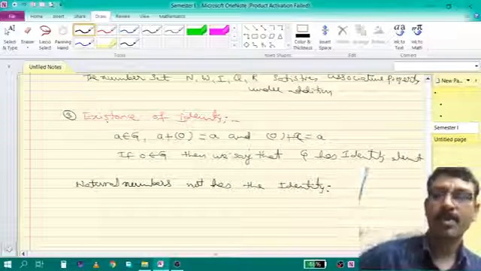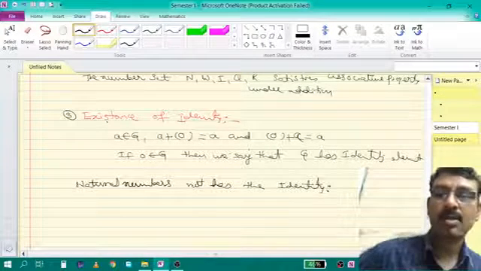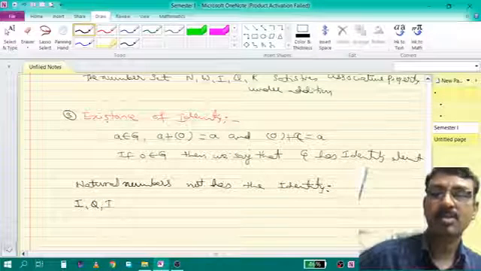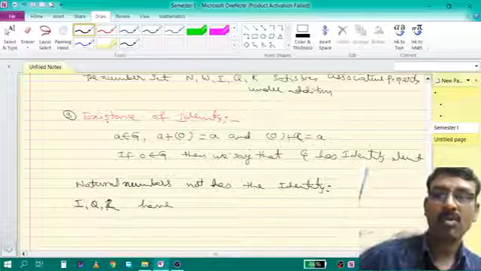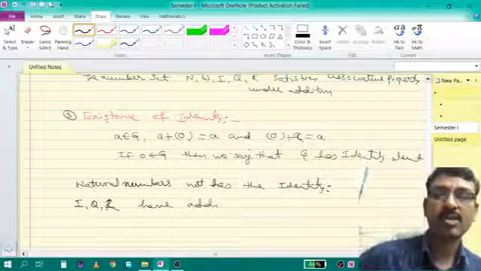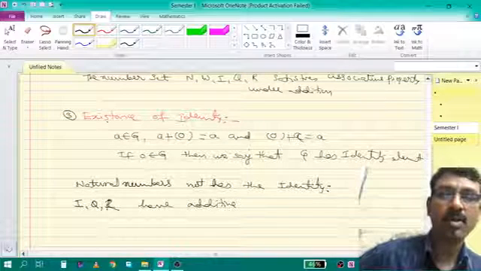Okay. If we consider integers and rationals and real numbers, they have additive identity. 0 is the additive identity.